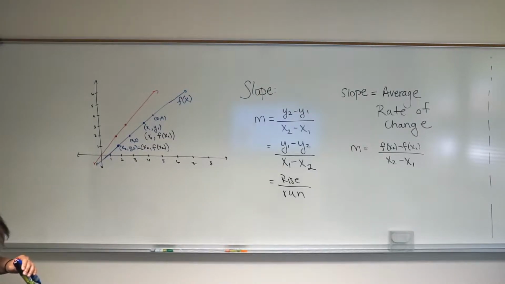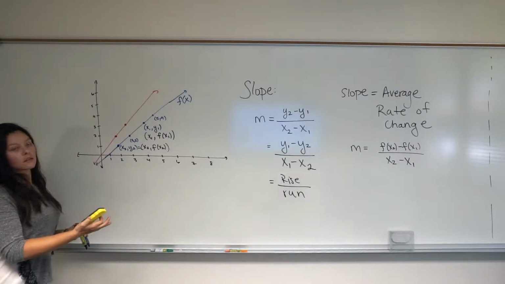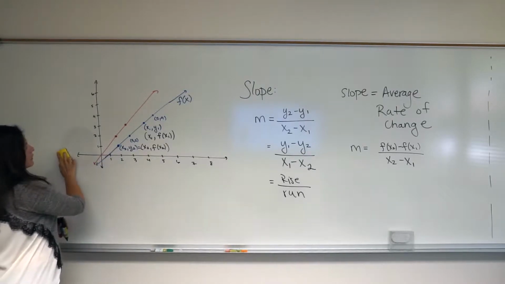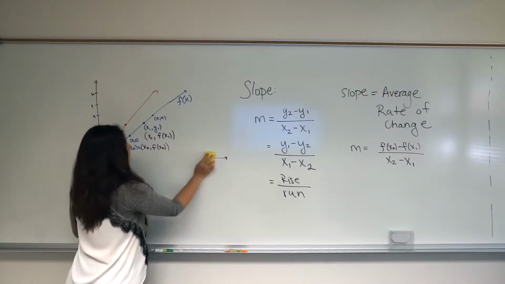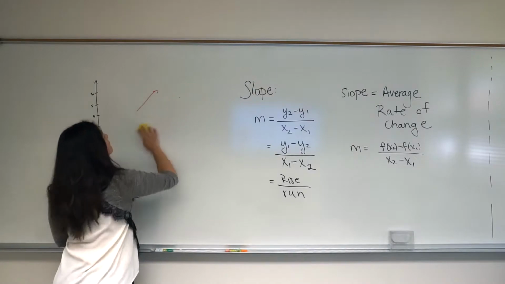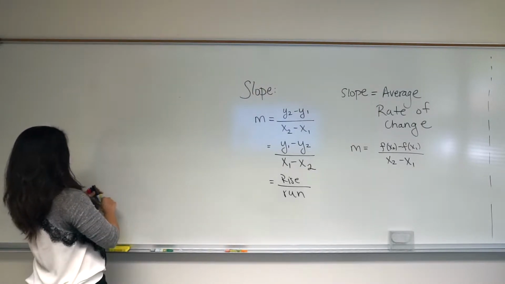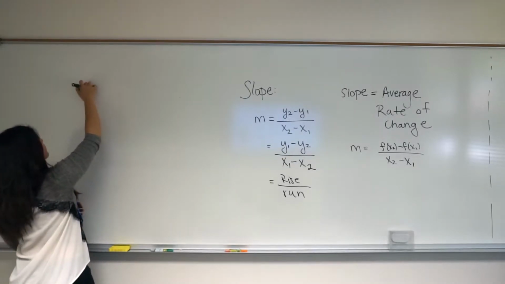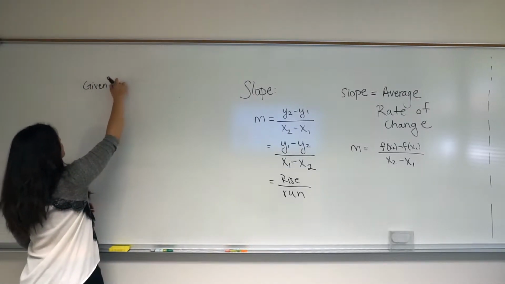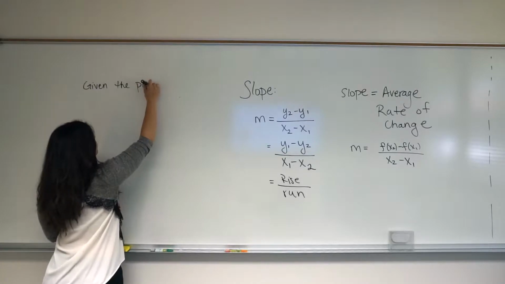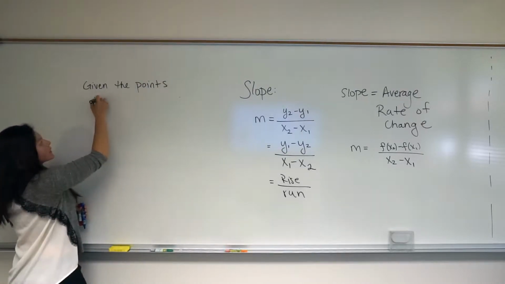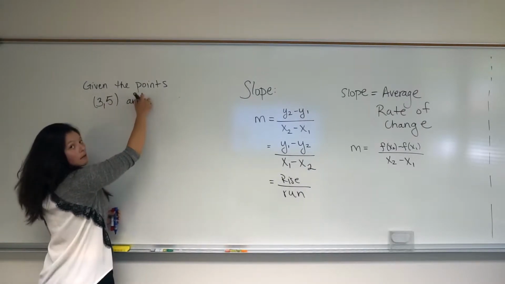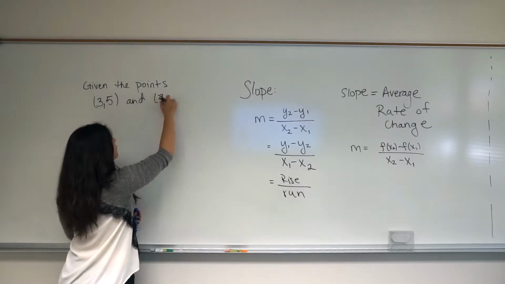Okay, so let's take a look at an example of finding the slope if we're given 2 points on the graph. So let's say we're given the points 3, 5, and 7, 1.